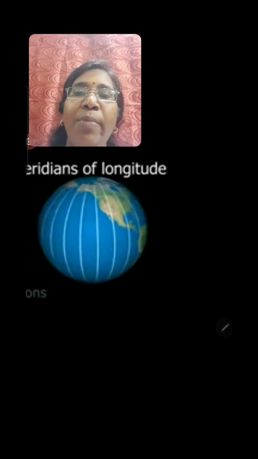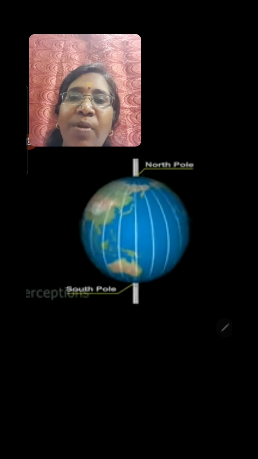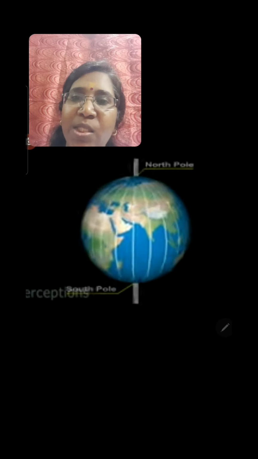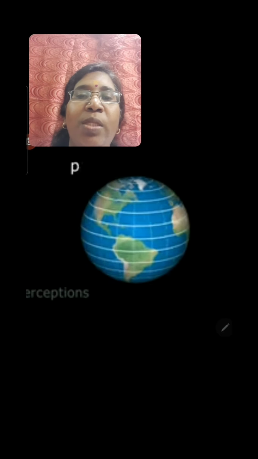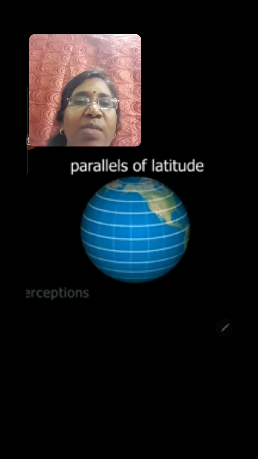So, what are meridians of longitude? These lines which run from the north to the south pole are known as meridians of longitude. These are full circles. The lines which run east-west are known as parallels of latitude.